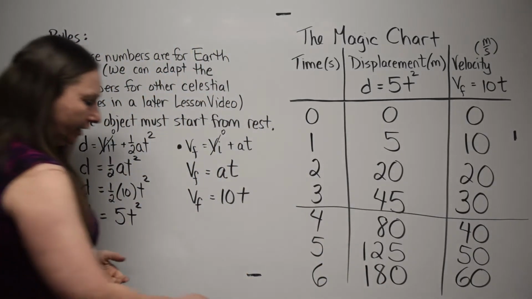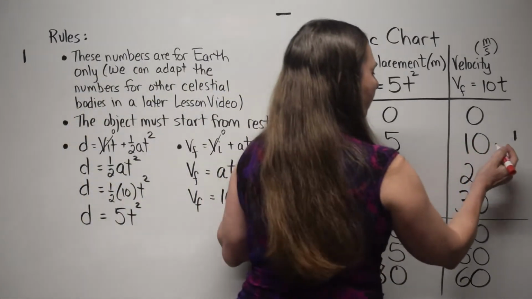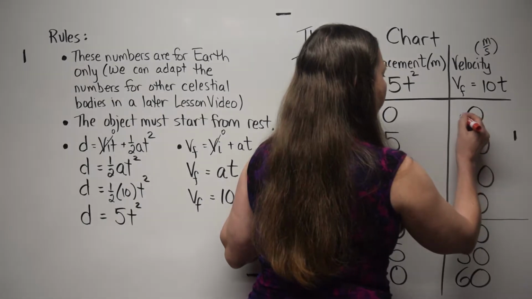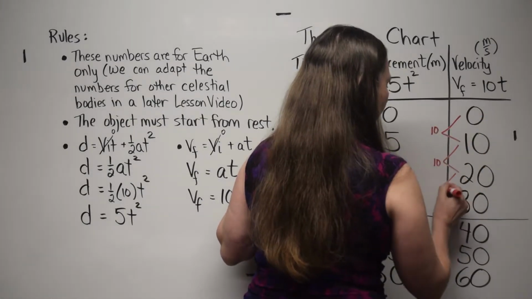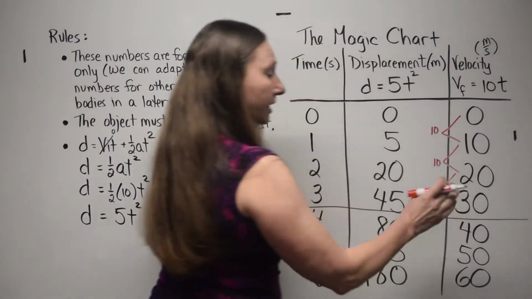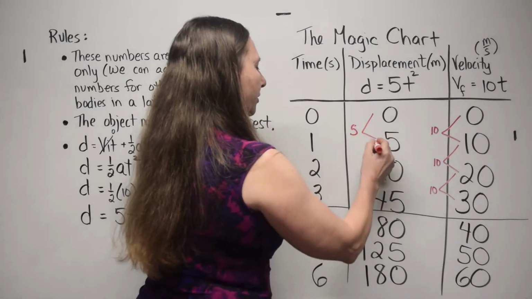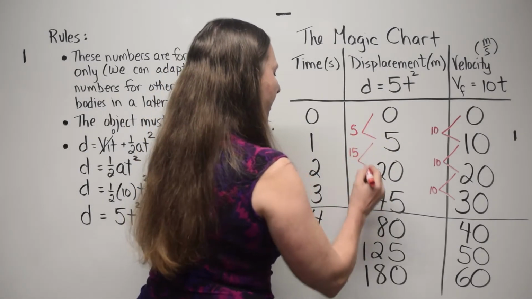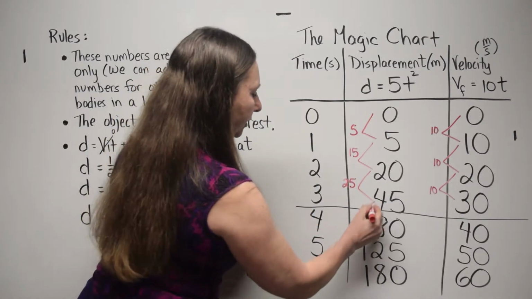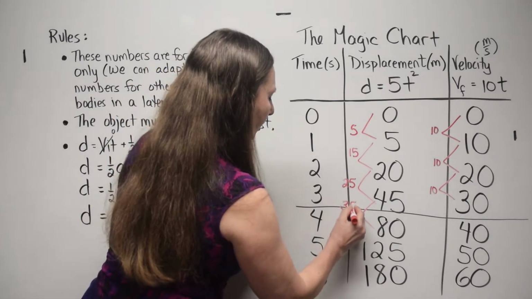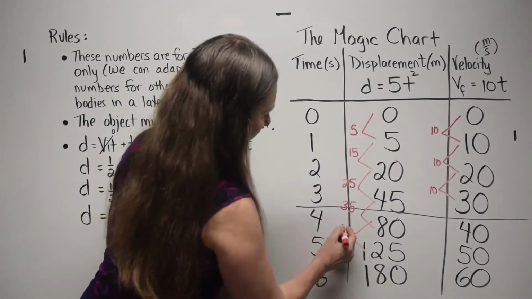And you can see what we saw in the last section also, that the velocity goes up by the same amount each time. This went up by 10, this went up by 10, up by 10, up by 10. This went up by 5, then from here to here it went up by 15, then by 25, then by 35, then by 45.